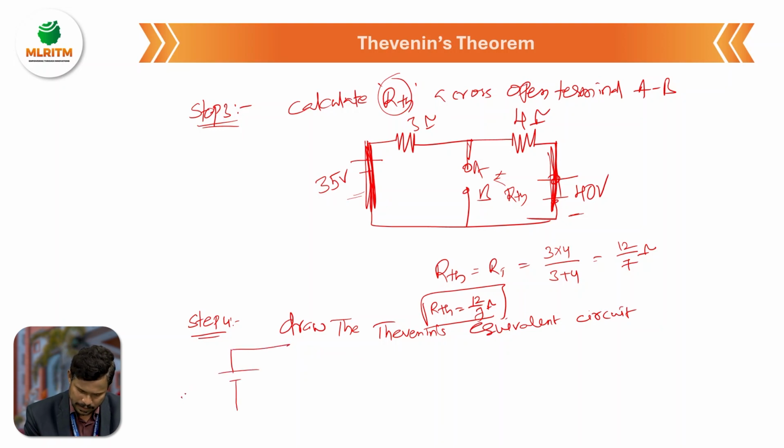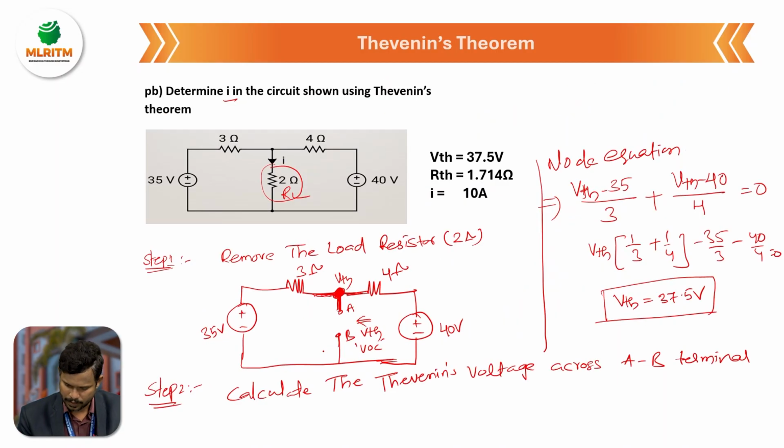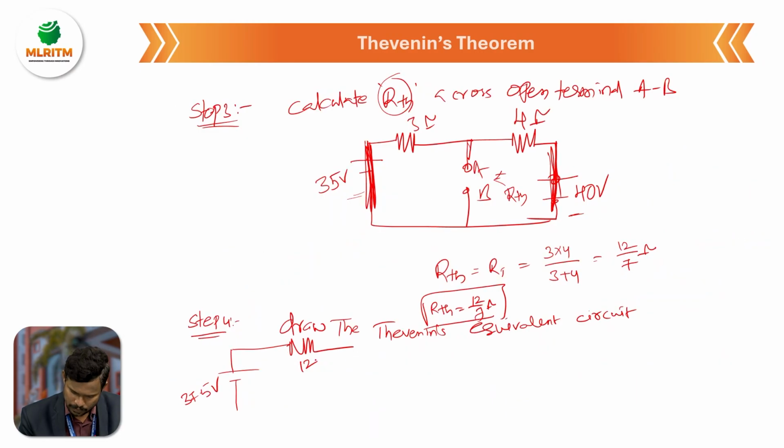The VTH value is 37.5 volts and the RTH value is 12 by 7, that is 1.714 ohms. This is the Thevenin's equivalent circuit. And at last, add the removed load resistor.